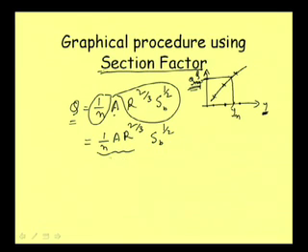This part is called conveyance of the section, that will be coming later again. This is called conveyance K, generally K is the notation that is used for that purpose.